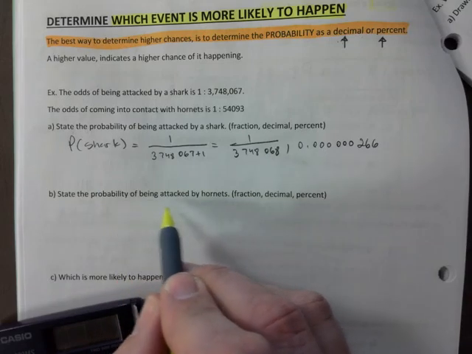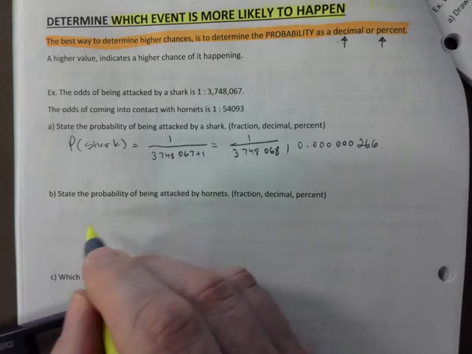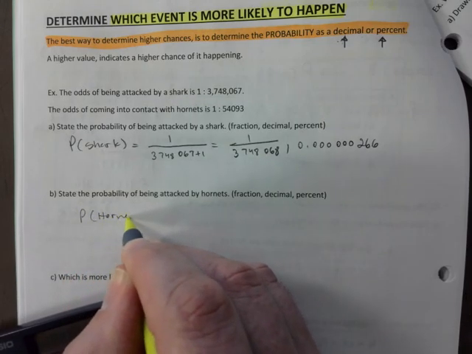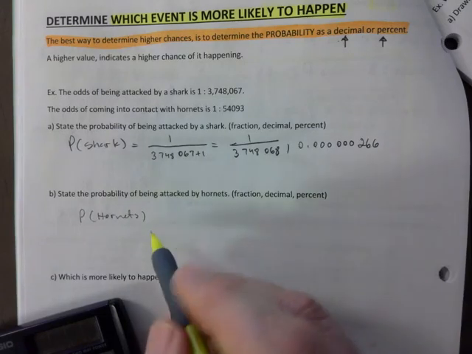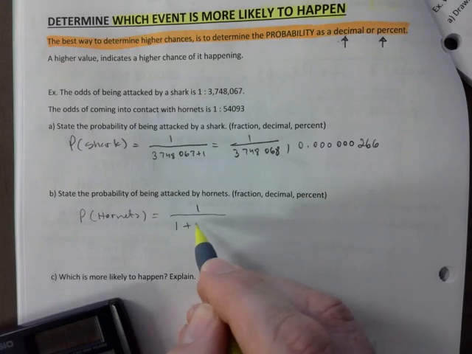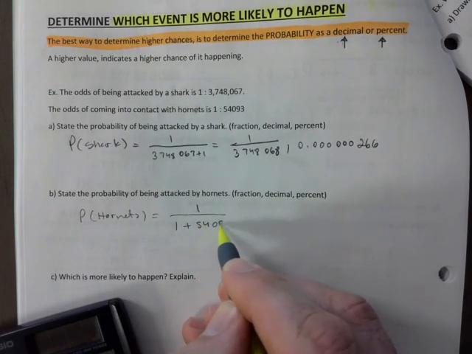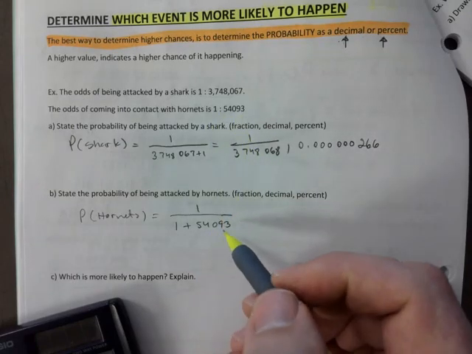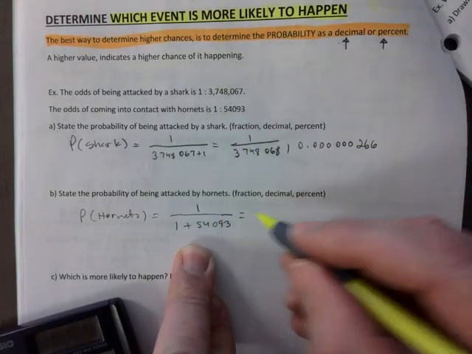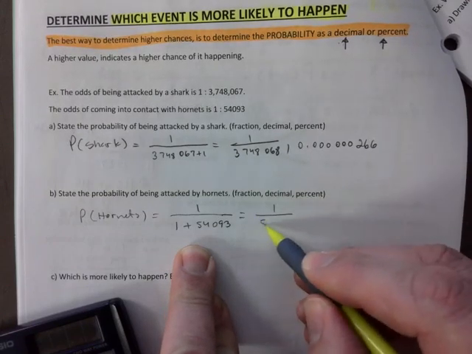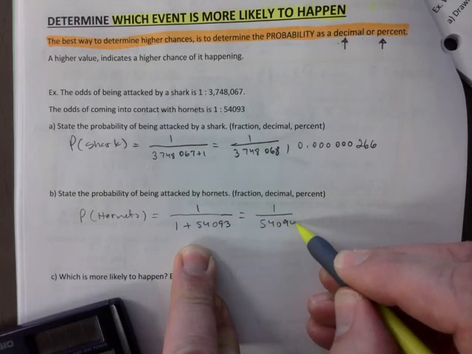The probability of being attacked by hornets, that would be 1 over 1 plus 54,093. Okay? So I'm adding these up to get my denominator. So we get 1 over 54,094.